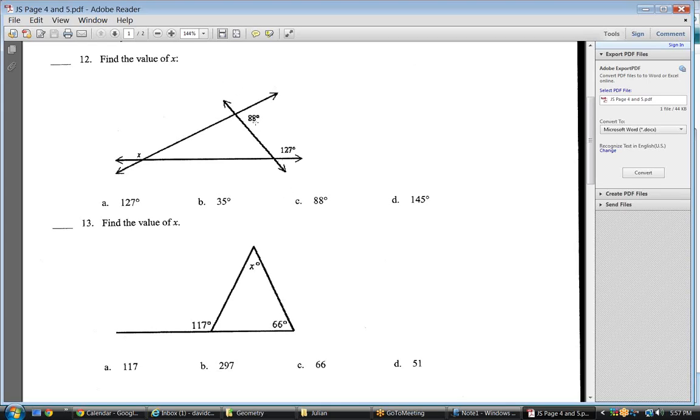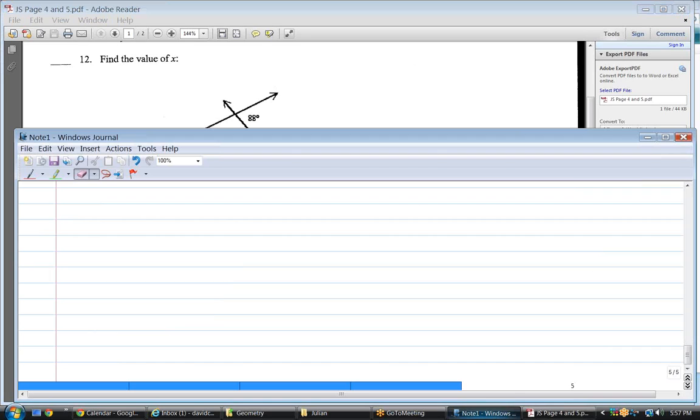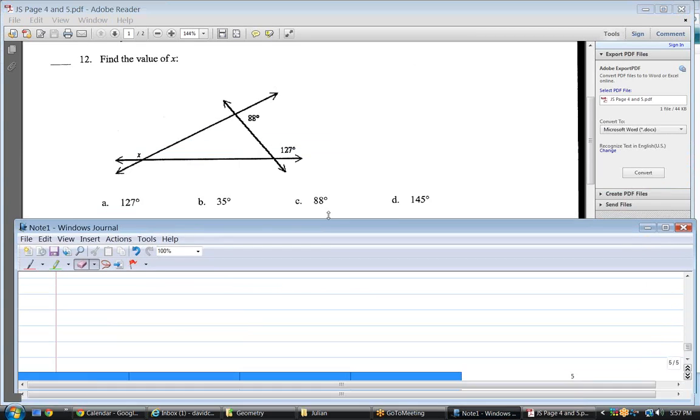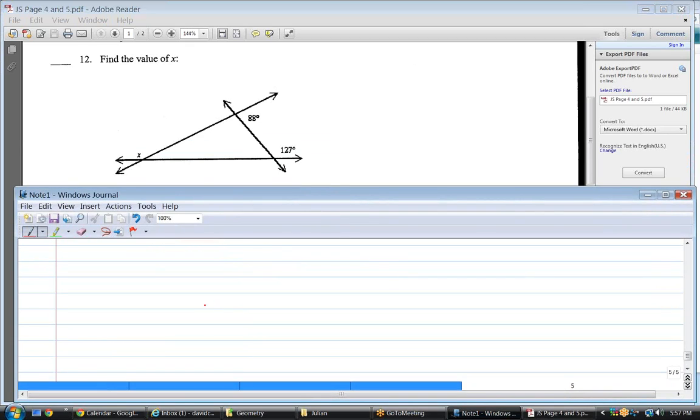What's another way to do it? What's this angle right here equal to? In fact, let me draw this problem. First of all, before I answer it, I want to give you a little bit more time to look at it and think about it, because I feel like you should know how to do this. Oops, excuse me.